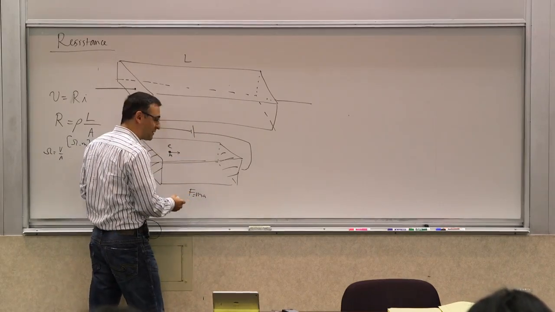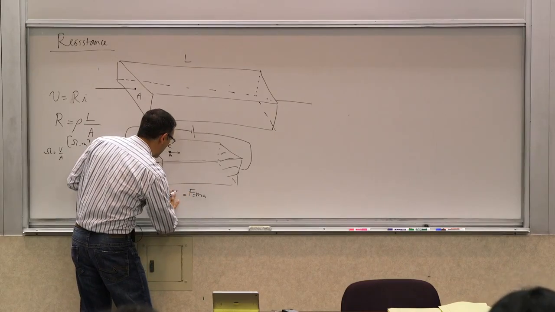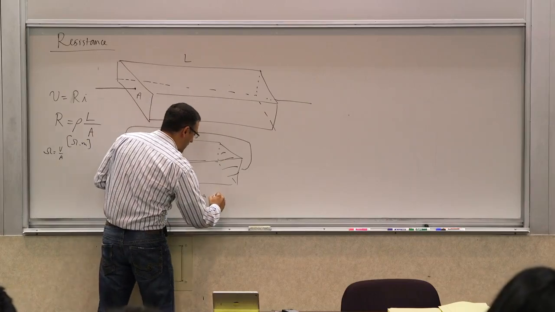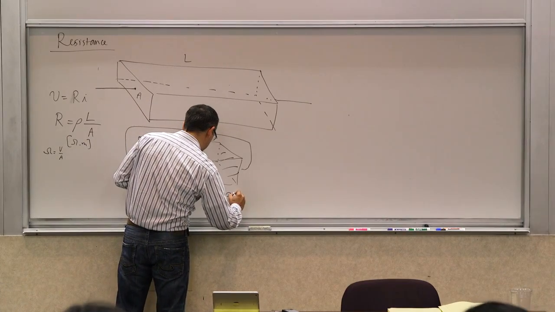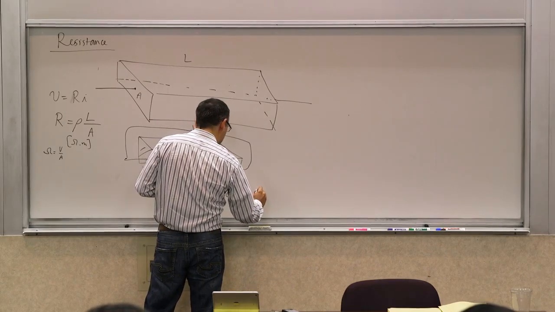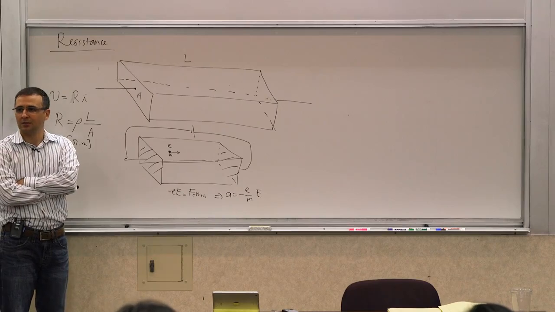And F is the electric field times the charge. In this case, it's a negative charge, so it becomes like that. So the acceleration becomes proportional to negative E over m, for an electron in vacuum.